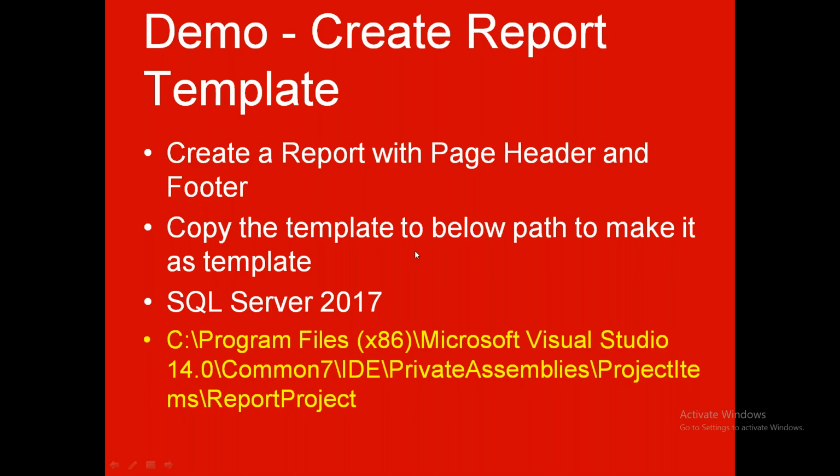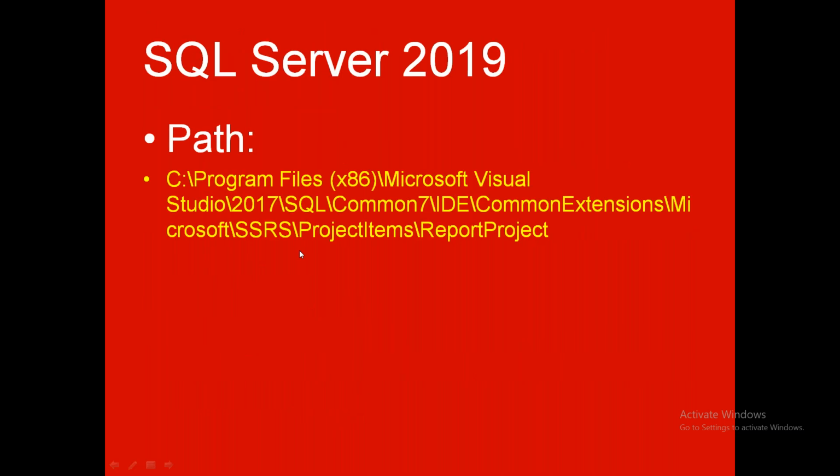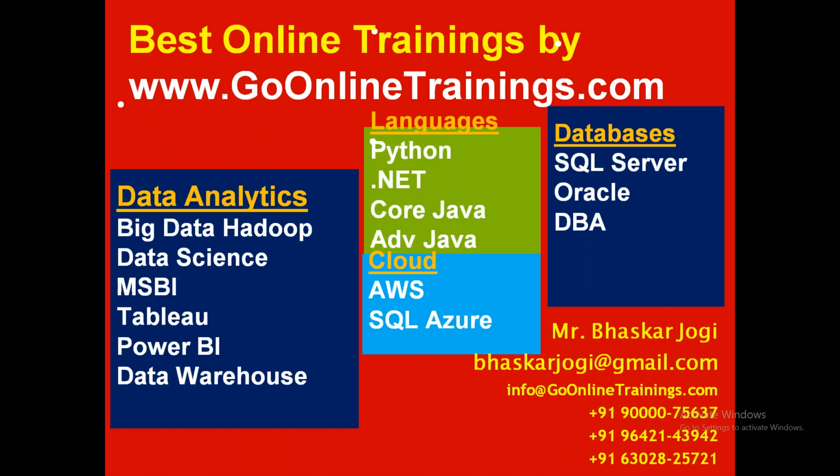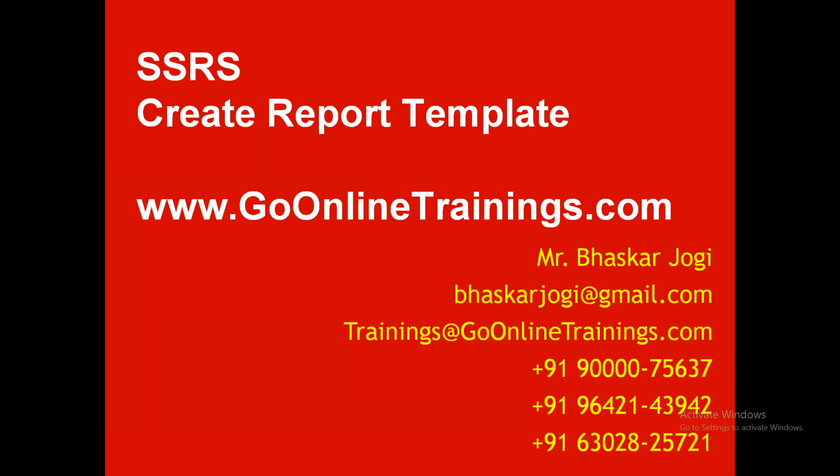Copy the template to the below path to make it a template. In SQL Server 2017, you need to move the report to this path to make it a template. If you're using the 2019 version, you must use this path. It's very, very simple. So today we'll see how to create templates.